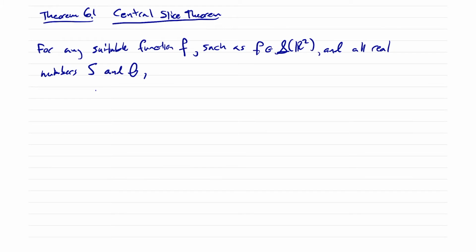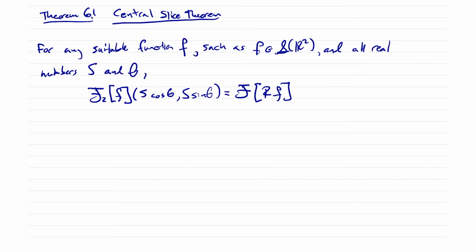We have the Fourier transform of a two-dimensional function f evaluated at s cosine of theta comma s sine of theta is equal to the Fourier transform of a single variable function, and here we're saying Rf of s comma theta.